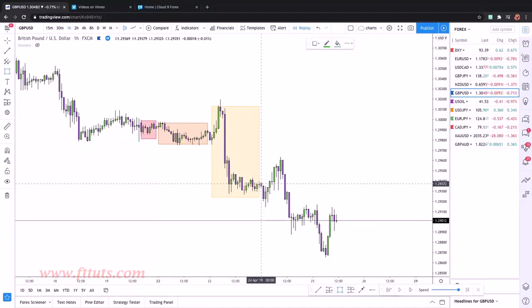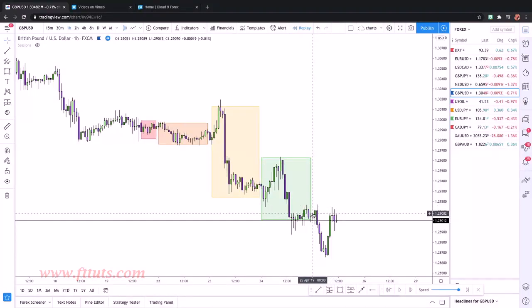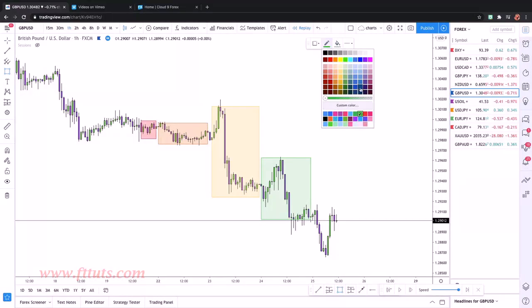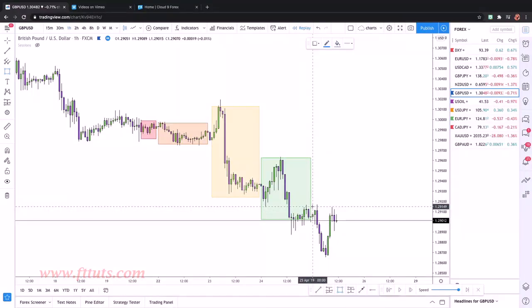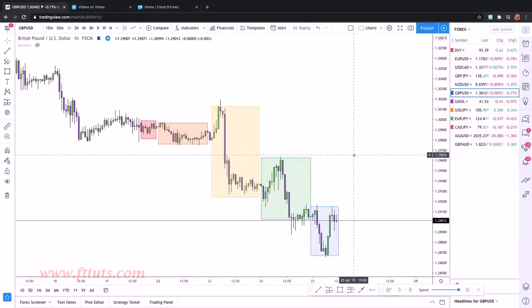Wednesday kicks in on the 24th, and then the 25th hits, which is Thursday. So here is the 25th, and the 26th hasn't happened.